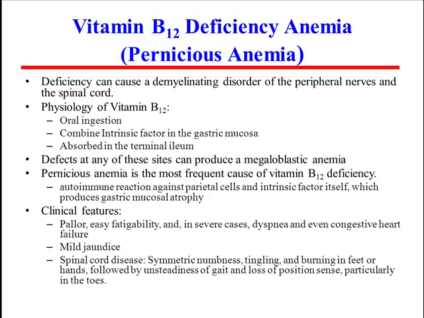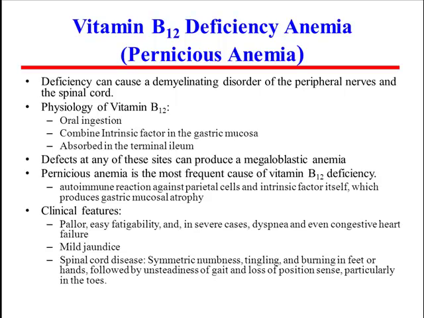So some of the clinical features you would see with vitamin B12 deficiency would be pallor, easy fatigability, and in severe cases you may see dyspnea and congestive heart failure. And you may also see mild jaundice.